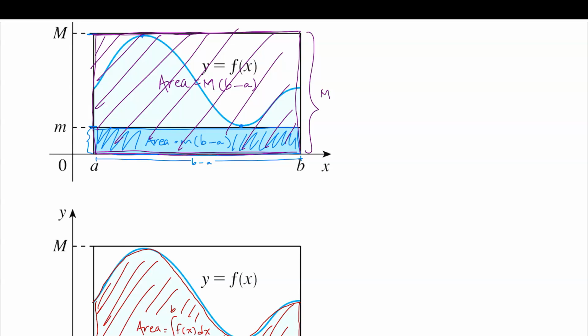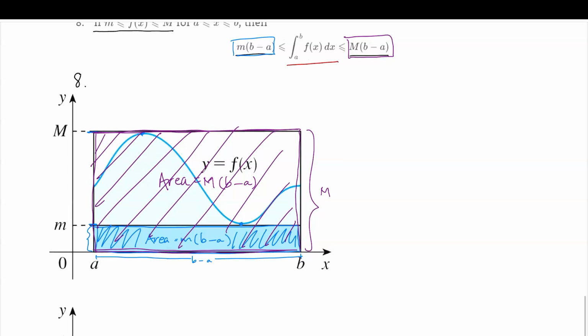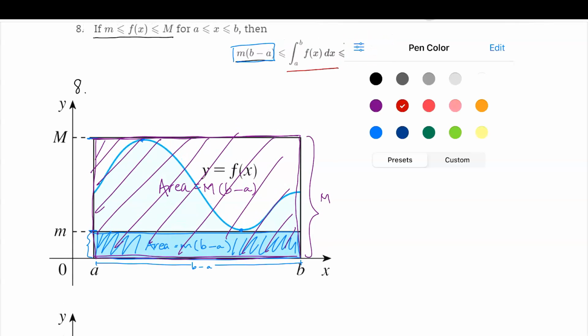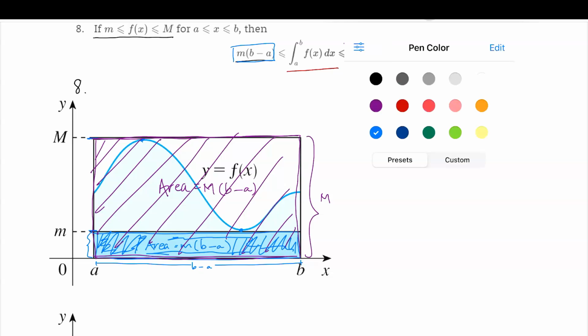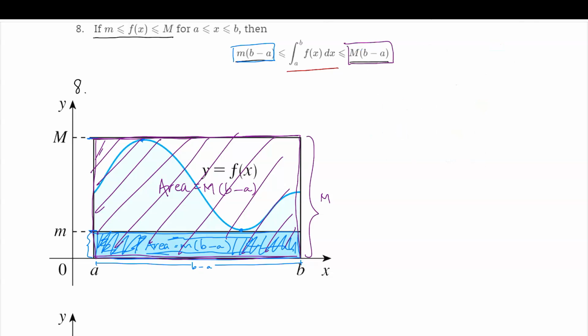And so what that property says is that this red shaded area, the integral of f of x dx from a to b, also known as the area between f and the x-axis, between x equal a and x equal b, that amount of red area is in between the blue area, little m times b minus a, the area of a rectangle there, and the purple area, the area of the big rectangle.